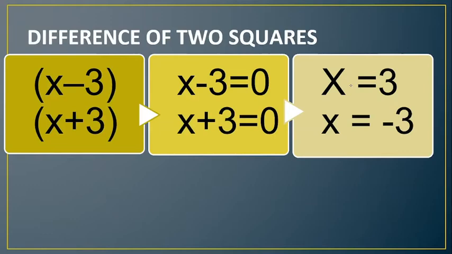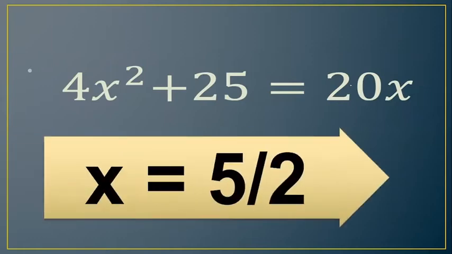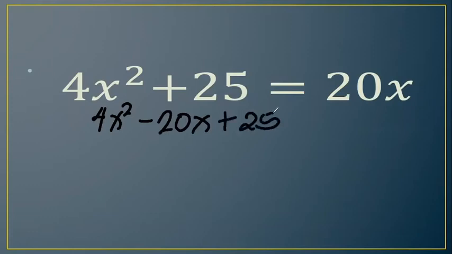Let's have a quadratic, a perfect square trinomial. So you have 4x squared plus 25 equals 20x. We're going to transpose first, so you have 4x squared minus 20x plus 25 equals 0.